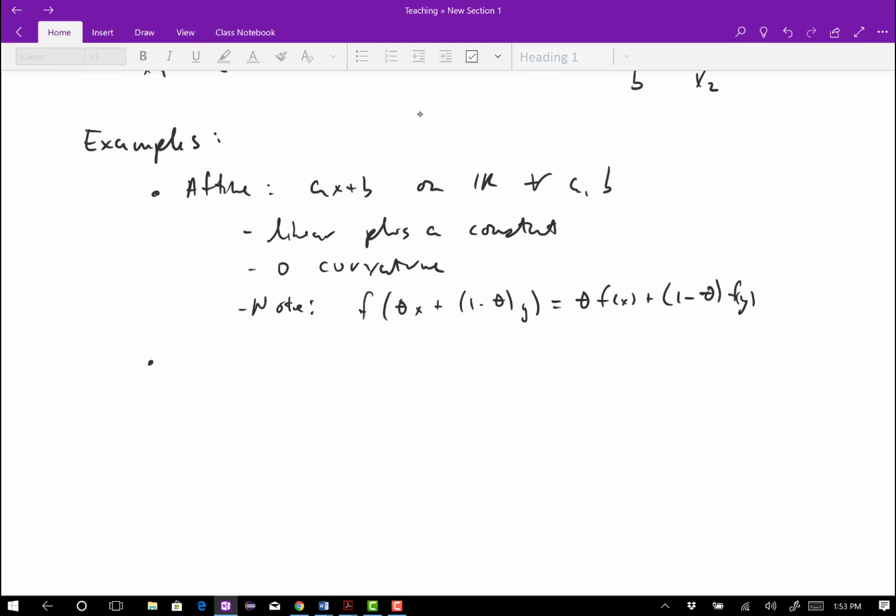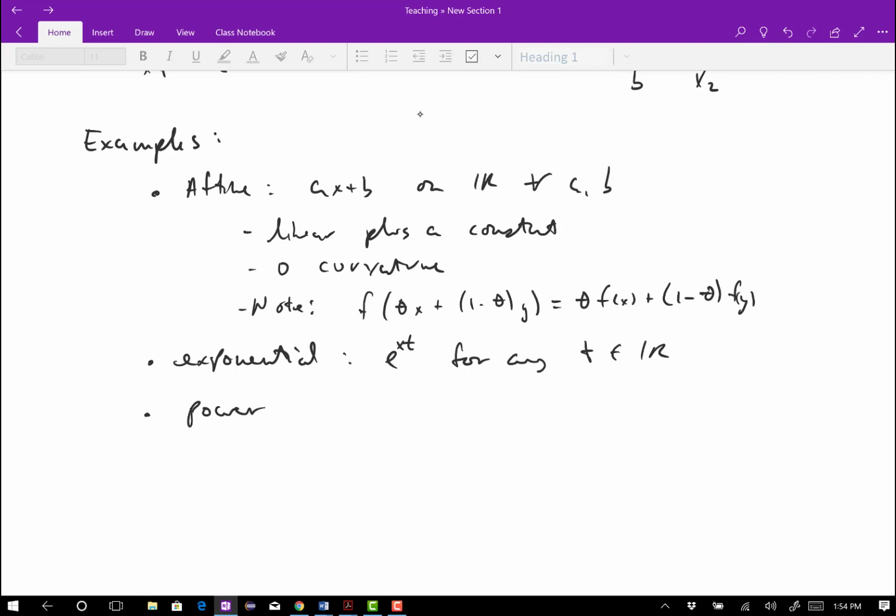Another example is the exponential function, e to the xt, for example, for any constant t that is real, that will be a convex function.